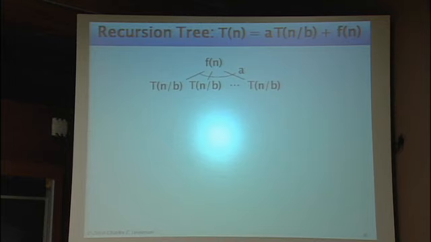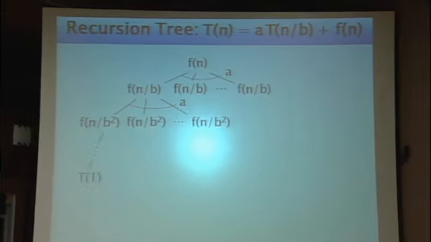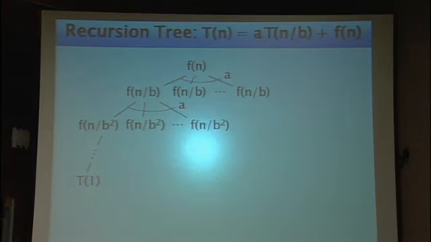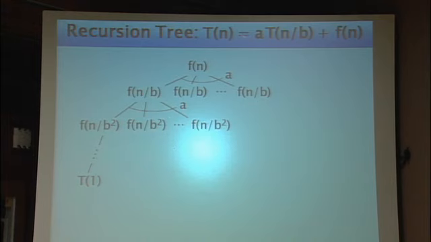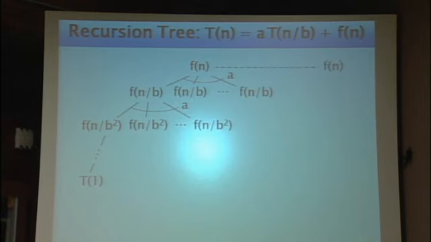And then each of those we replace by a copies of T of n over b squared, and so forth, continually replacing until we get down to T of 1. At the point T of 1, we no longer can substitute, but we know that T of 1 is order 1. And now what we do is add across the rows.